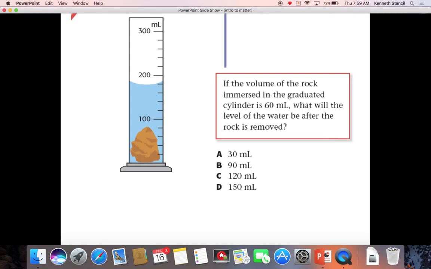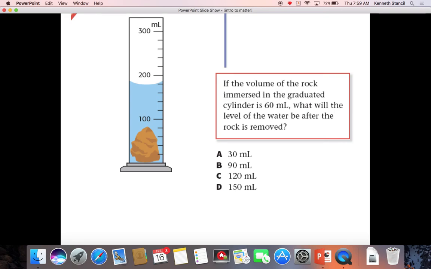What's the water level after the rock is removed? So, Lauren, what's my current water level? 120, 140, 160, 180. That's what it is currently.